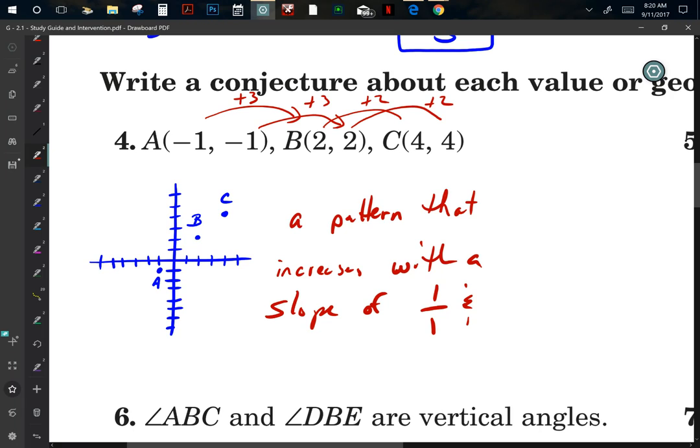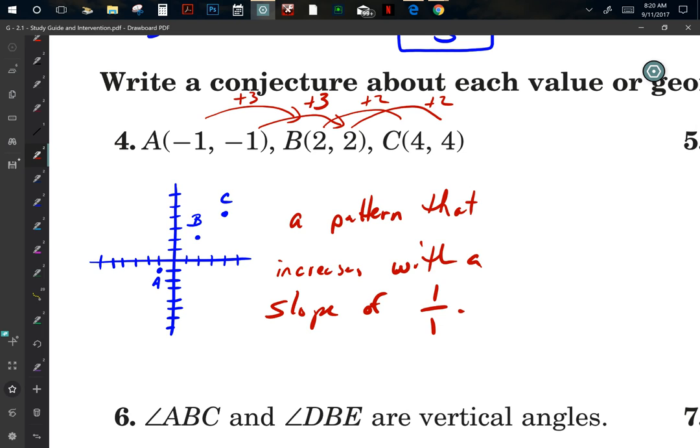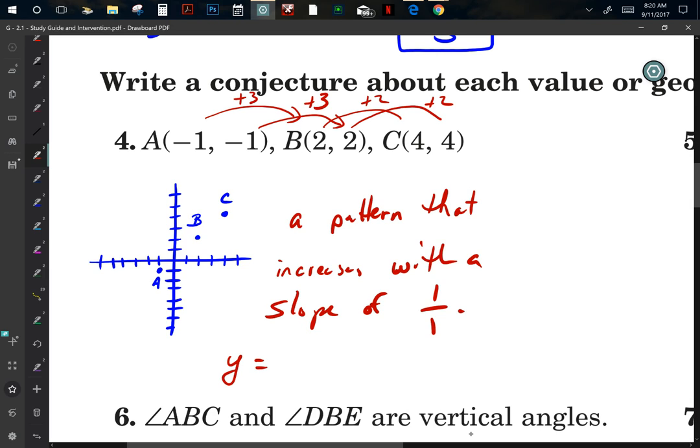So I don't know if there's a mathematical term. What the book might say is points along the line. If you were to graph this line, it'd be y is equal to x. Points along the line, y is equal to x.